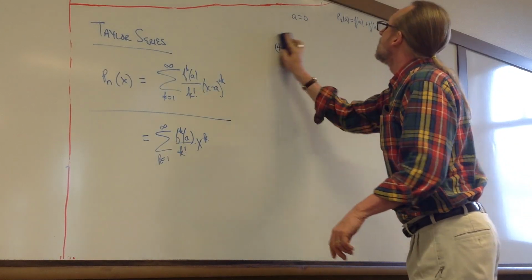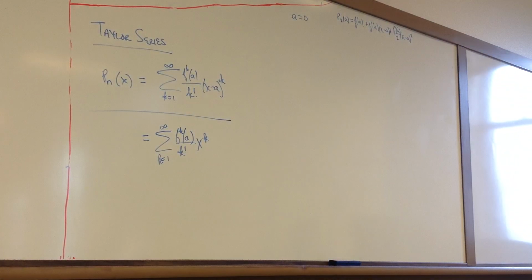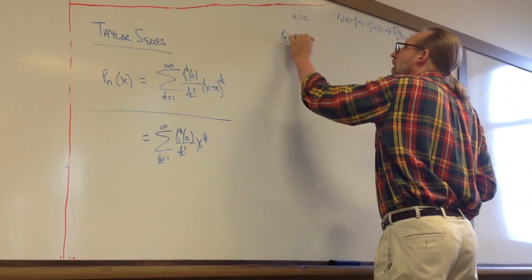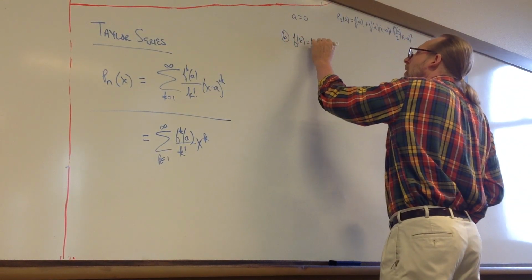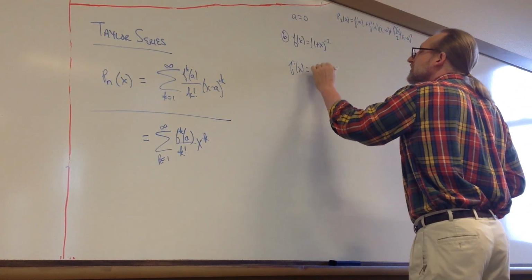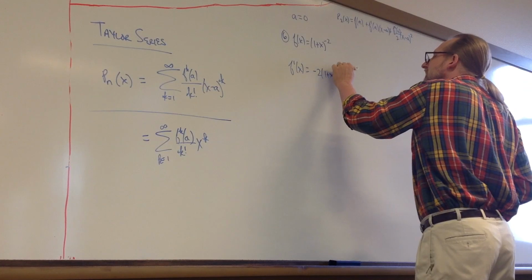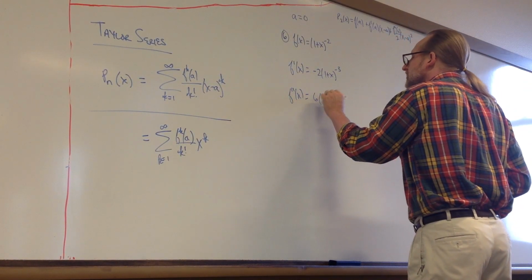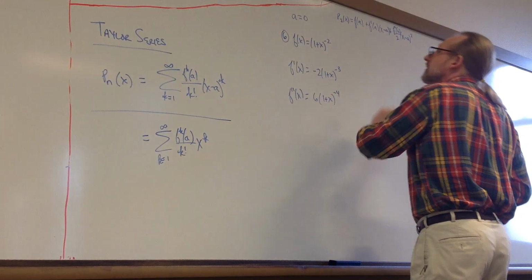Let's look at the next one here. Problem 6, 1 plus x to the negative 2 power. Our derivative f prime is negative 2, 1 plus x to the negative 3. f double prime is positive 6, 1 plus x to the negative 4.